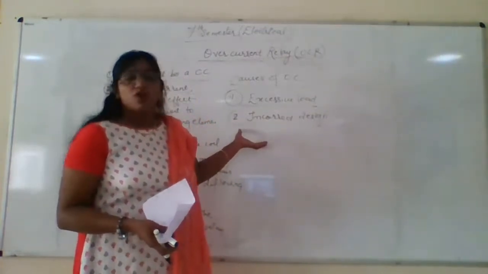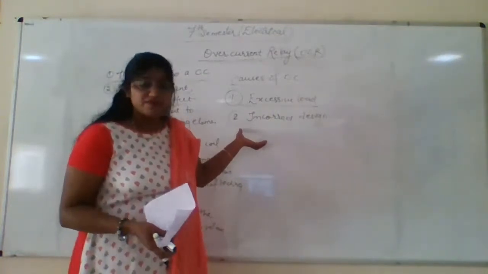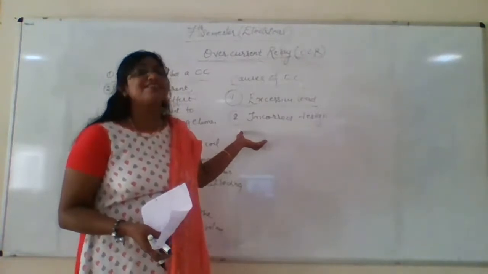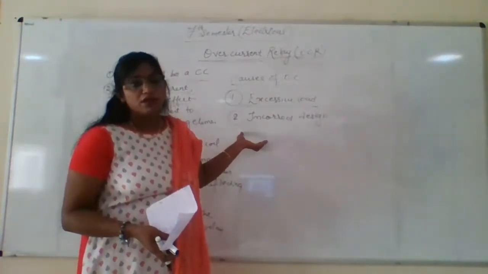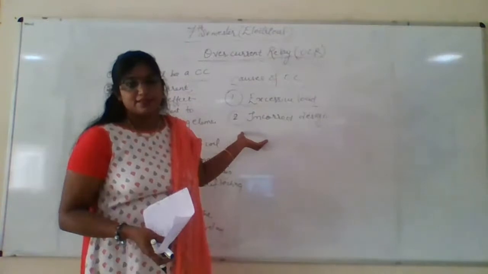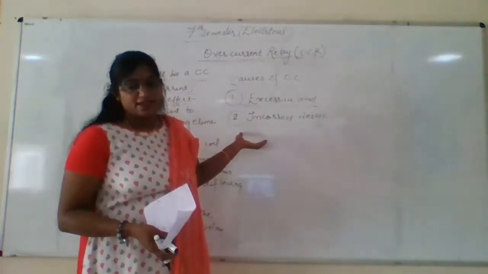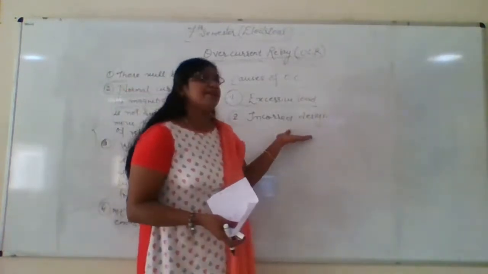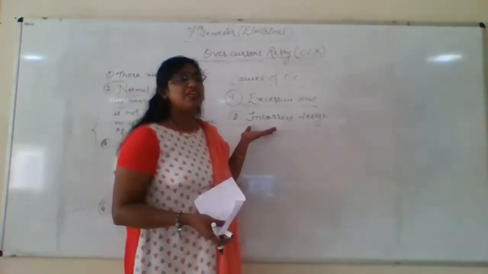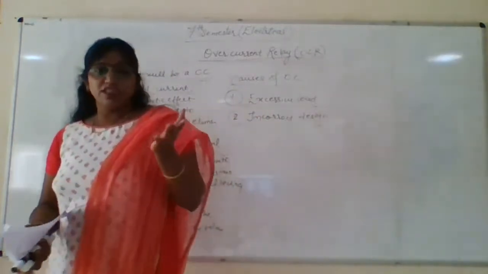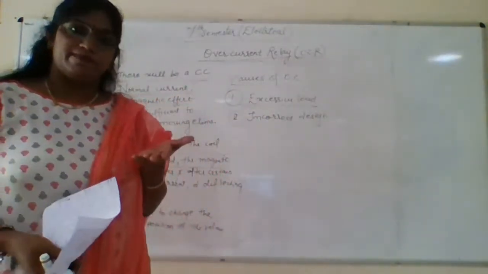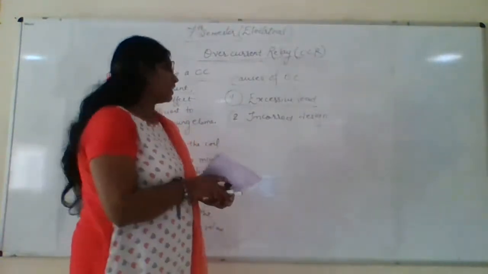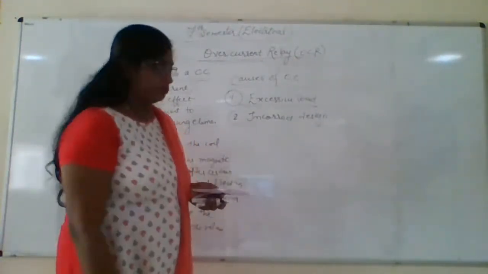So while designing any system, we should keep in mind that if further elaboration or extension is needed, we should construct the design so that further expansion is possible. So this is the problem when an incorrect design is there. It will cause overcurrent in the system.